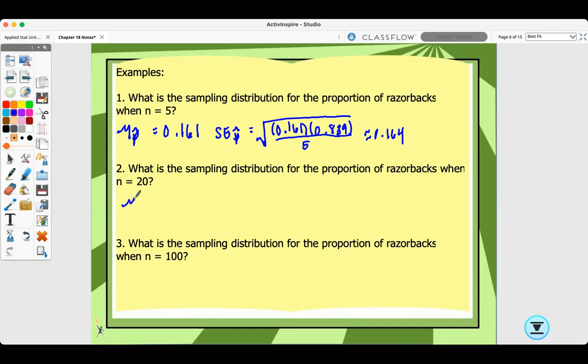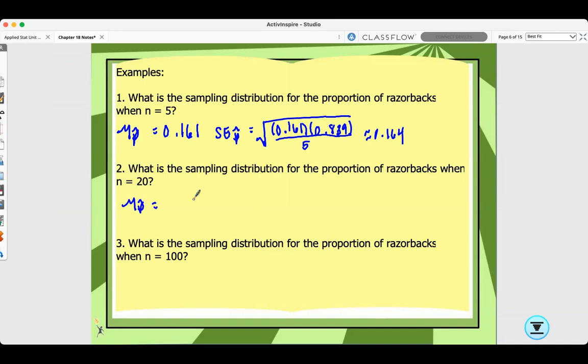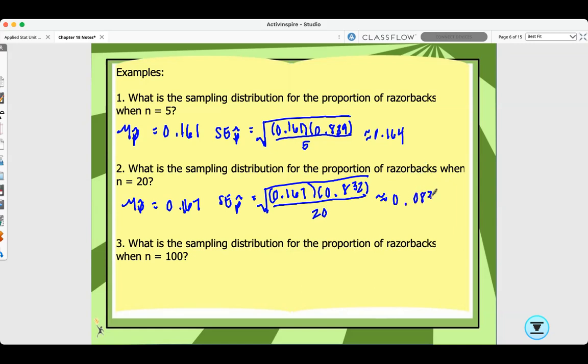For n equals 20, mu of p hat would be 0.167. My standard error of p hat would be the square root of 0.167 times 0.832, all divided by n, and n here is 20, which would be about 0.0834.